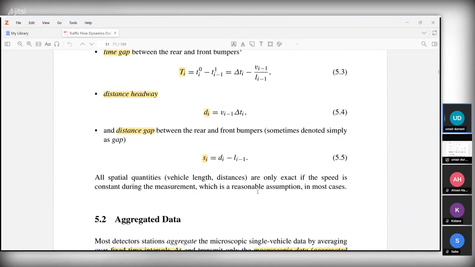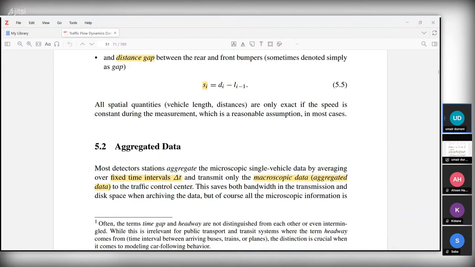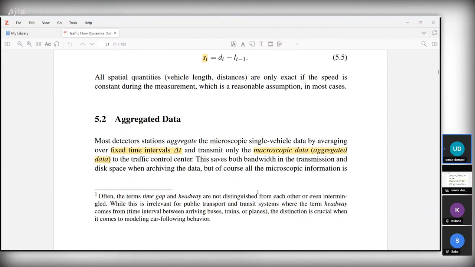These are all the single vehicle data that the detectors can provide to the traffic control center, but usually, to save bandwidth and disk space, it does not. What it does is aggregate the data and then send it over fixed time intervals delta T.